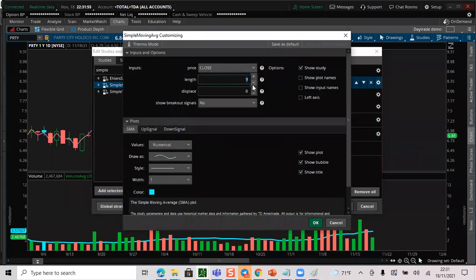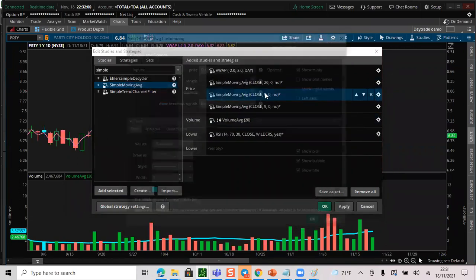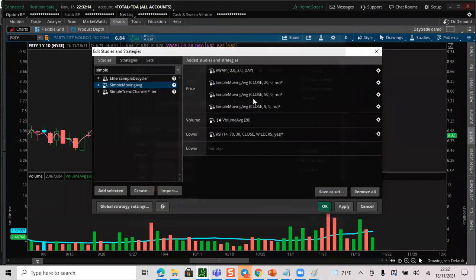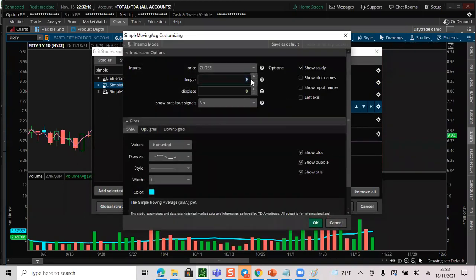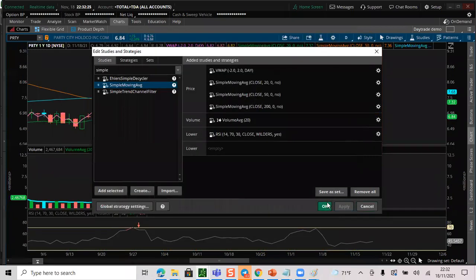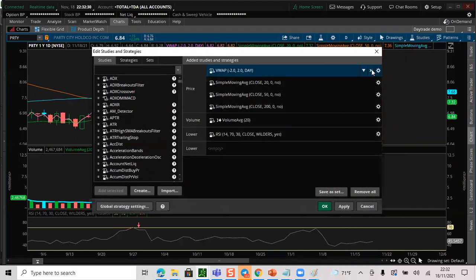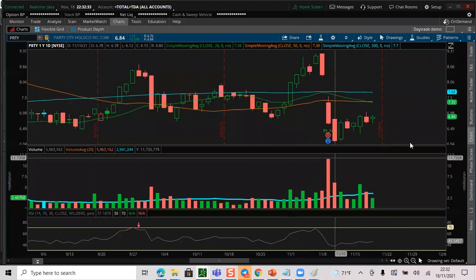You can do like a 20 simple moving average. Okay, I'll remove VWAP here. I don't need a VWAP right now because I'm going to do swing trading.